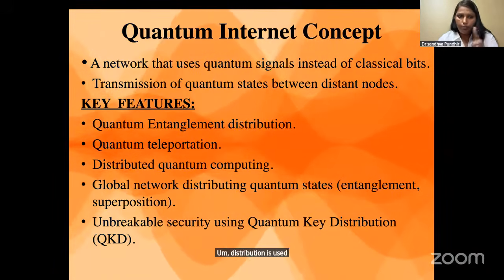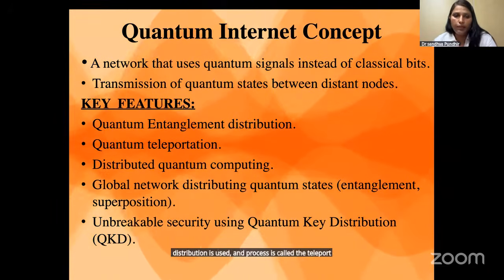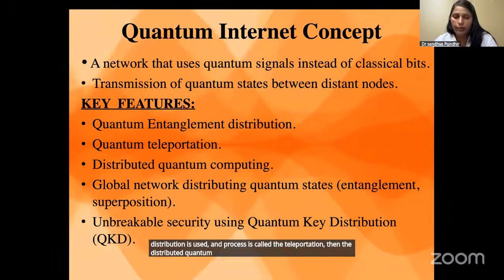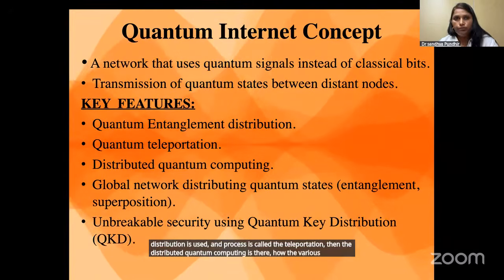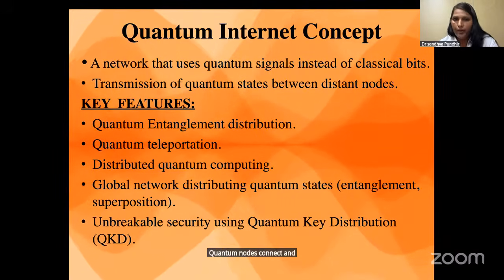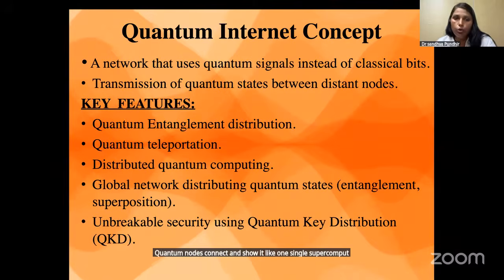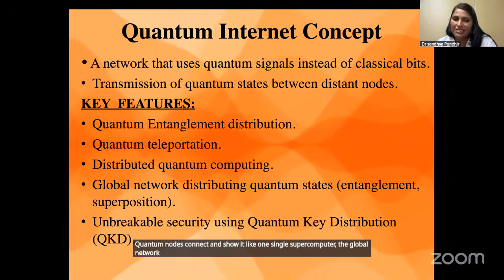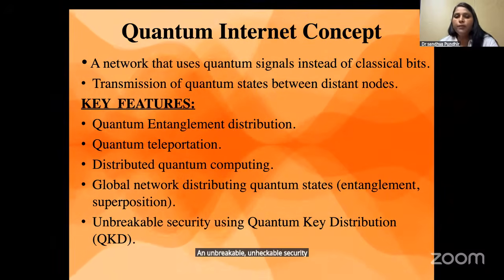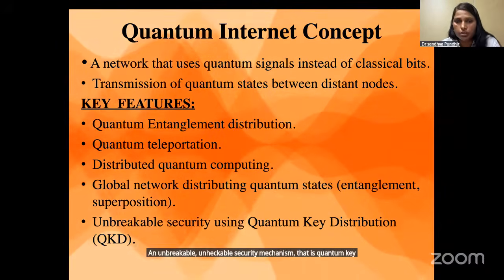Distribution is used, and the process is called teleportation. Then distributed quantum computing: how various quantum nodes connect and act like one single supercomputer. For the global network distributing quantum states, an unbreakable, unhackable security mechanism, quantum key distribution, is used here.